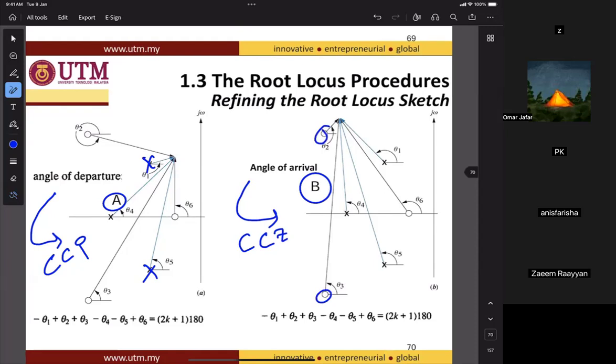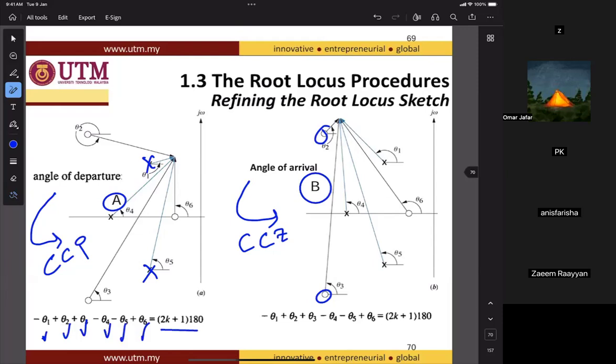Theta 1 is a pole. Theta 2 is a zero. Theta 3, zero. Theta 4 is a pole. Theta 5, pole. Theta 6, zero.